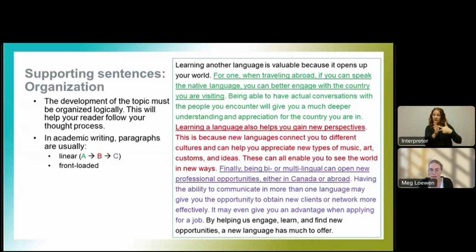It came in front of the development. So organizing the information in this way helps ensure that our reader understands our main points and how they can see how the ideas are connected, how the specific ideas in the paragraph are connected to the overall idea.